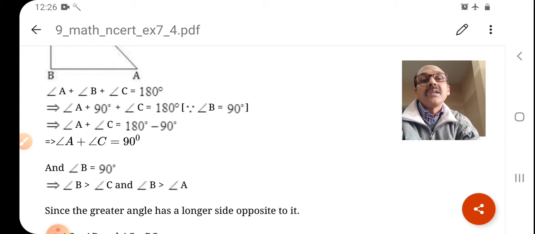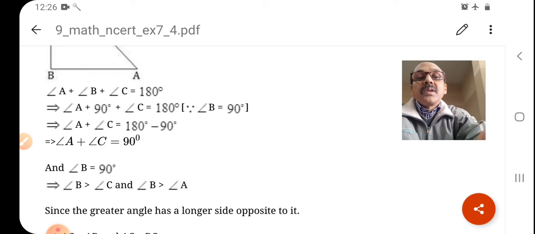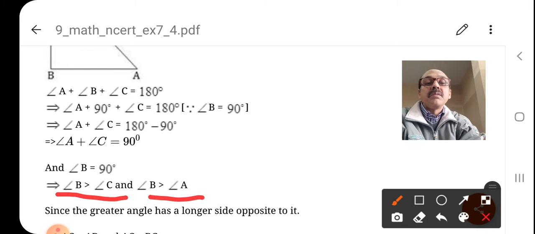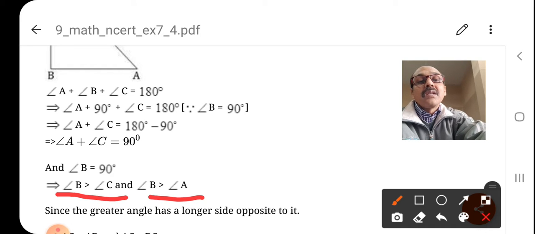So compared to angle B equal to 90, we can say angle B is greater than angle C, and angle B is also greater than angle A, because angle B is 90 degrees and the other two angles are less than 90.